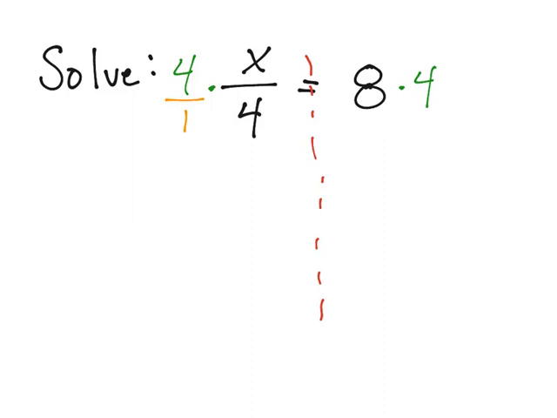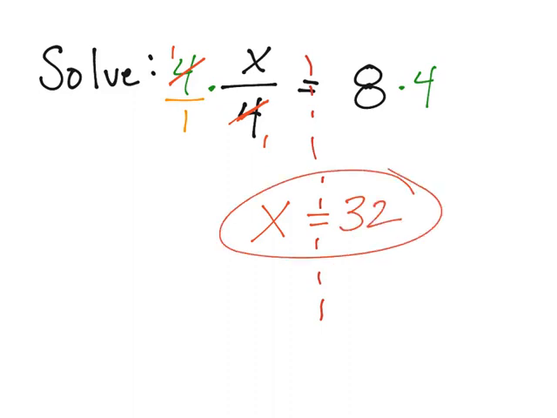So when I'm multiplying, basically I'm multiplying fractions at this point, my numerator and denominator are both 4, so those can reduce down to 1, and I am left with, as you can see here, 1x. On the right, I have 8 times 4, which is 32. So to check that, I would have 32 divided by 4 equals 8.